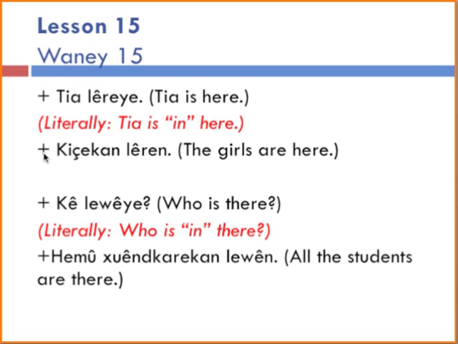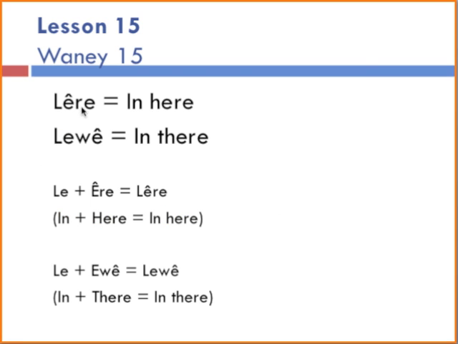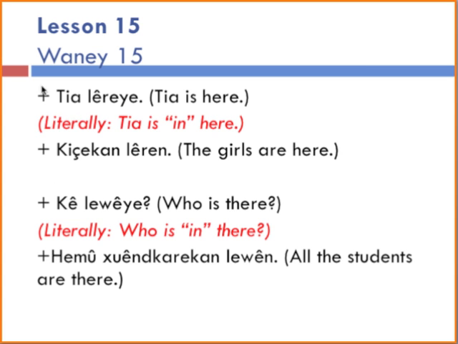I've given two examples for each of them. Kçakan Leeren. Kçakan is the girls, so it is plural. Kçakan Leeren, the girls are here. Literally, the girls are in here.